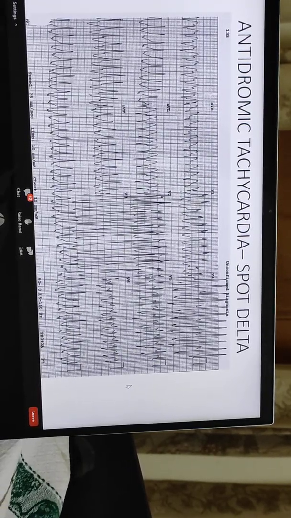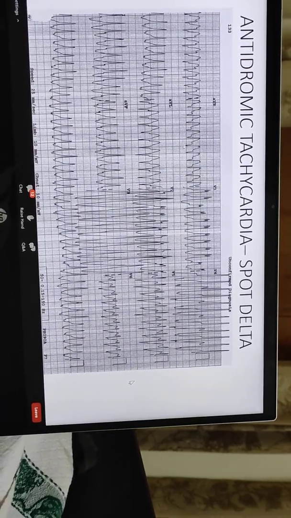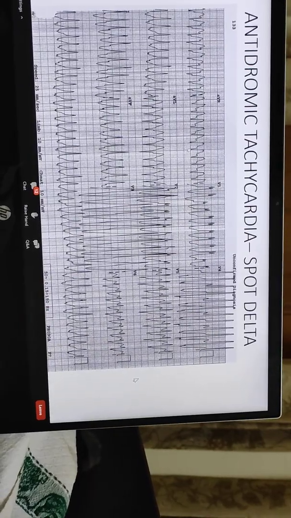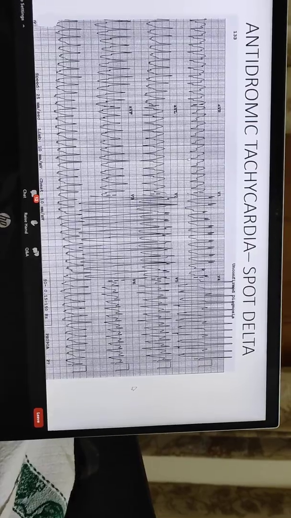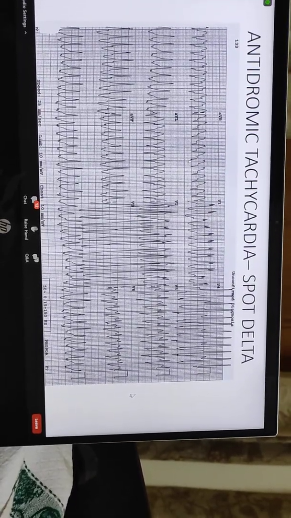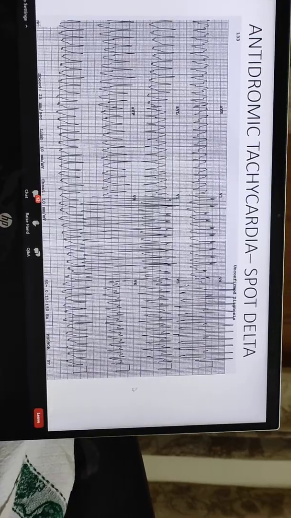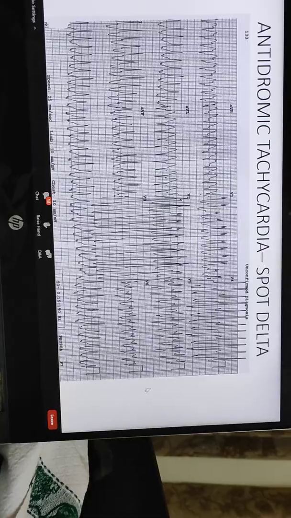The rate is almost 300 per minute, one big square here. No ventricular tachycardia can have a rate of 300 or 310 per minute, because any ventricular tachycardia of more than 200 or so may degenerate to ventricular flutter or fibrillation. So whenever you have a wide QRS tachycardia with a very, very fast heart rate like this, it automatically means you have an atrial flutter in the atria.